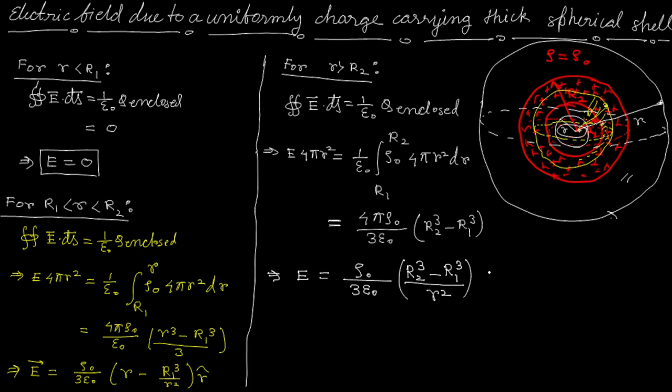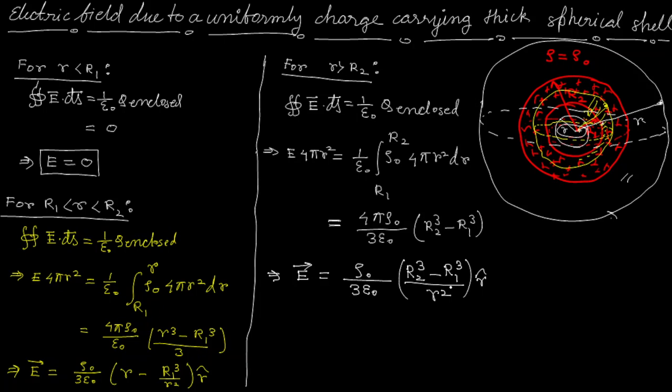In this case also the electric field will be in the radial direction, so we can write it as rho naught by 3 epsilon naught, r2 cube minus r1 cube divided by r square, into r cap.